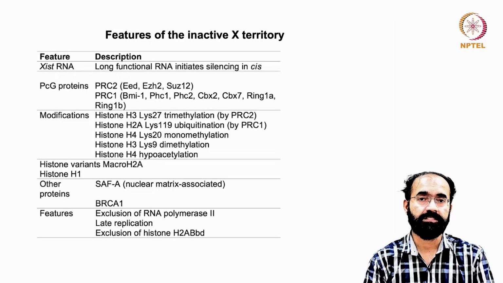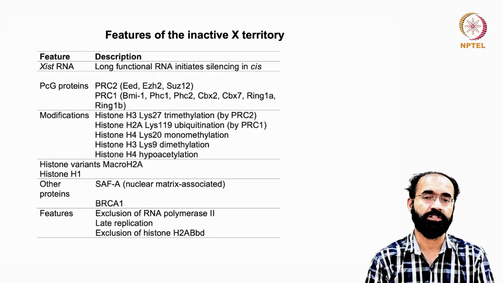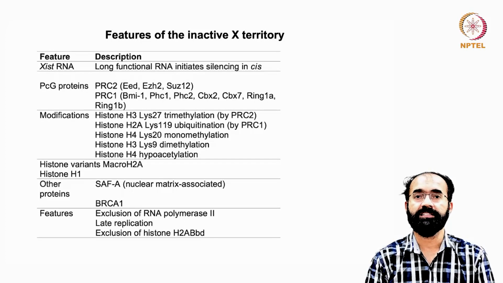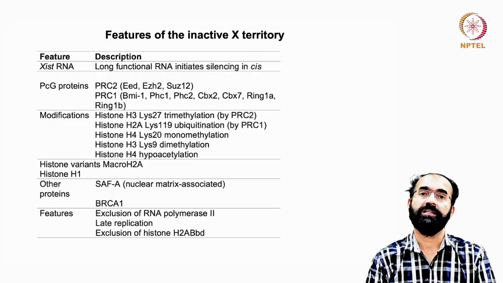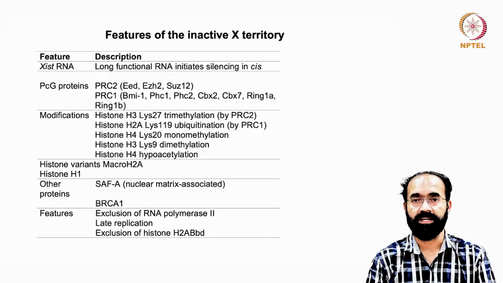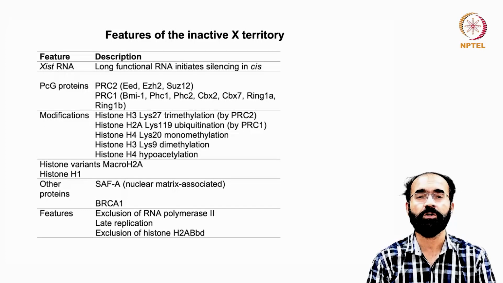So it takes a lot of time to unpack it, and this makes the replication very late, and it comes with a price. The system cannot monitor whether there is any mutation, any trouble, because no monitoring is happening. It is a discarded or neglected X chromosome, and this is okay to some extent because it is not expressing. However, if by mistake some leaky expression comes, that can be quite dangerous for that organism, because it will usually accumulate lots of mutations, as it has not been repaired.